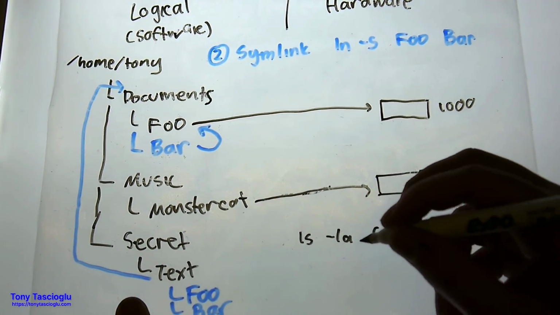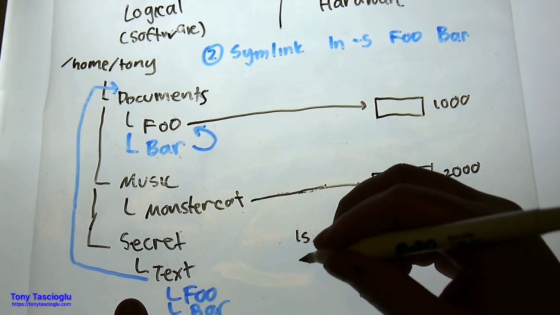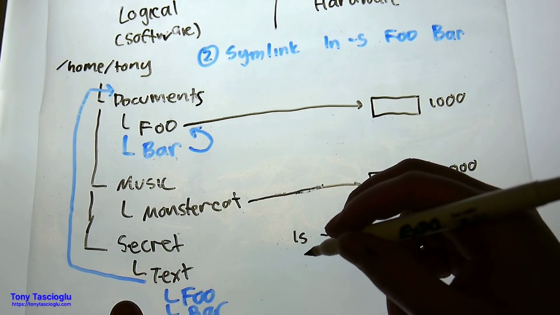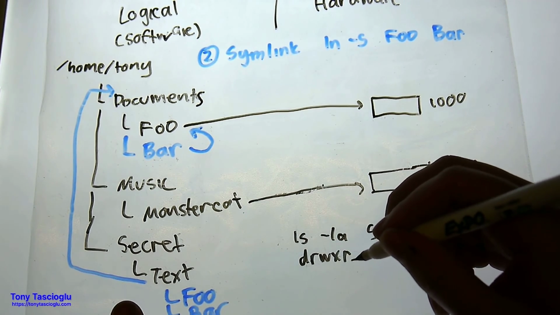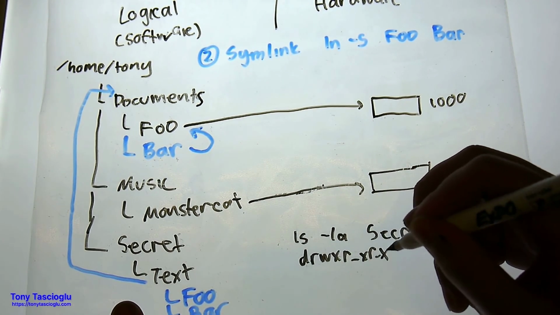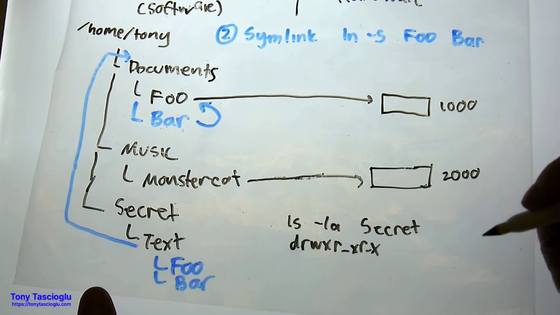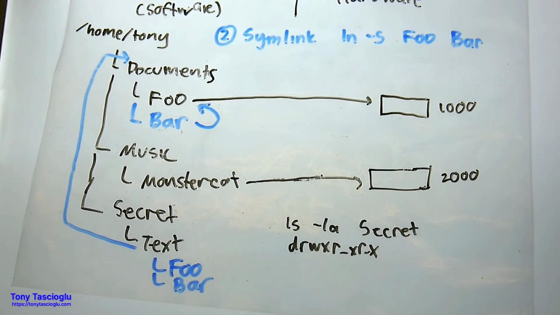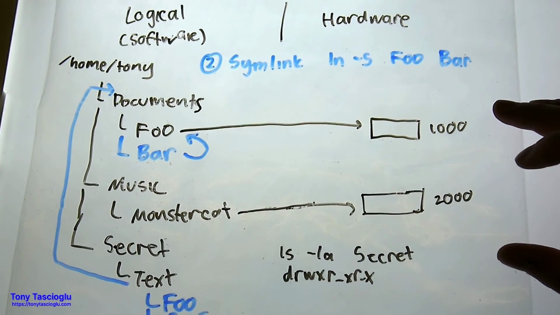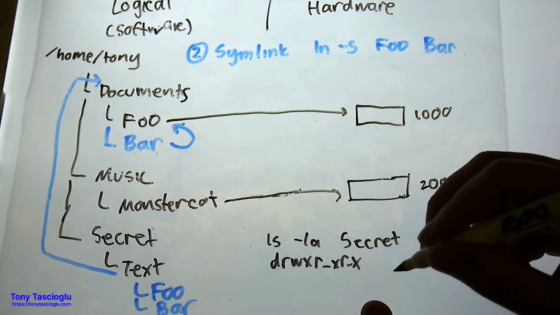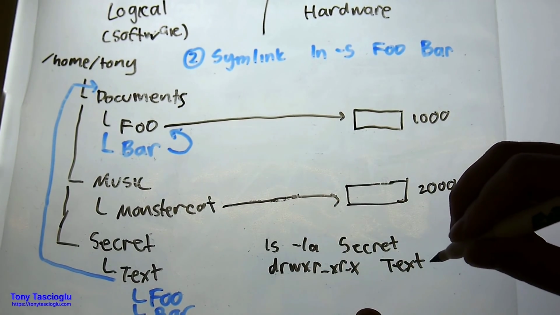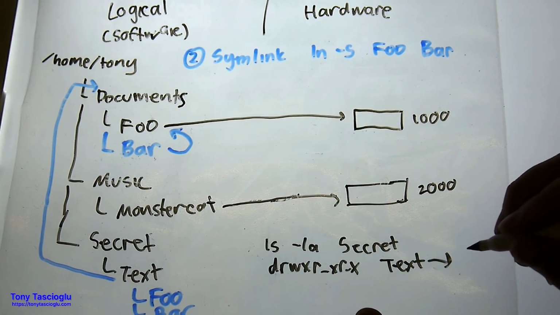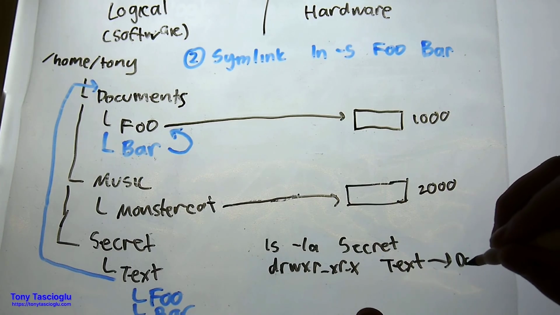What do I get? It'll give me d, rwx, rx, rx, for example, and then the size. Ow, my hand is getting cut by my LED strip. All right. And it'll then show the folder text, the directory. But text is actually a symlink to documents.